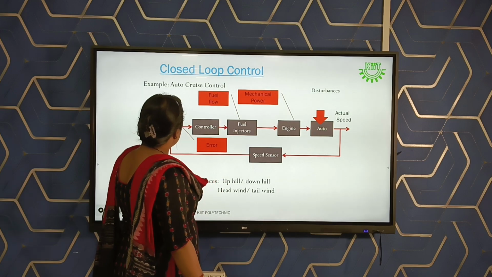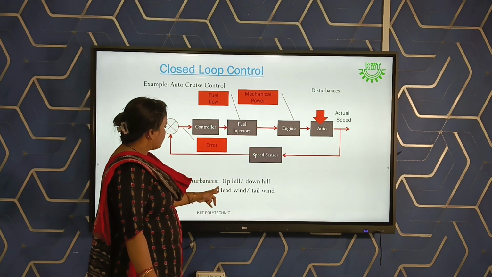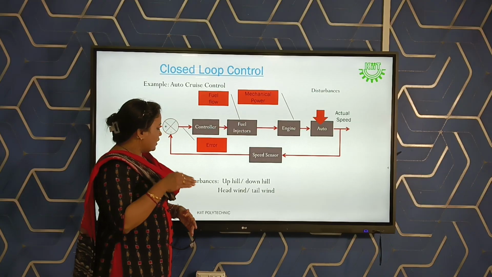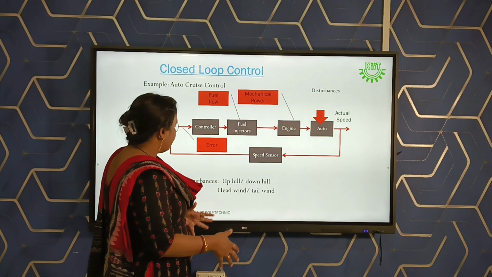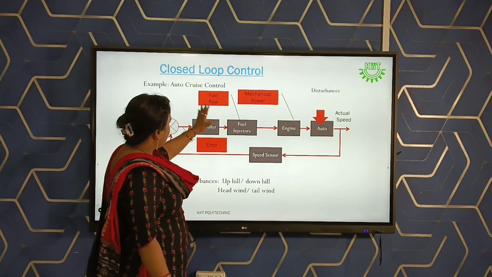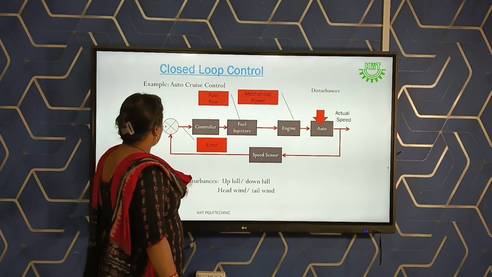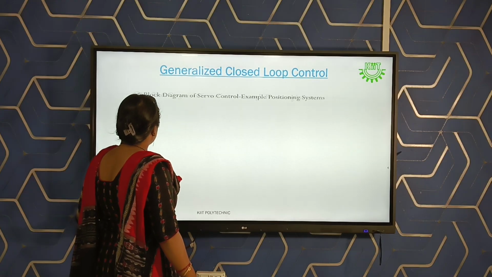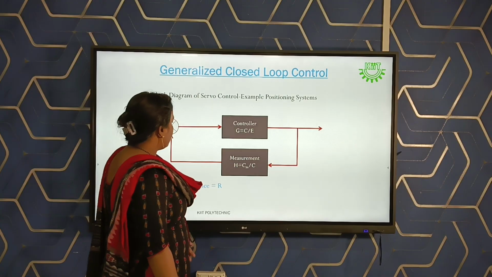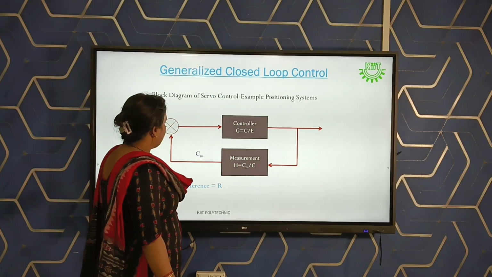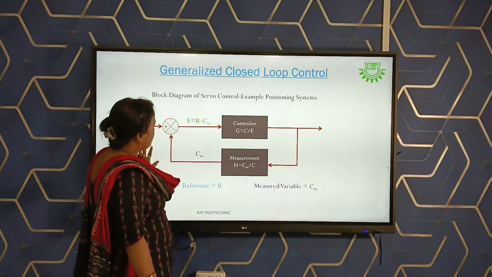We can also consider an automatic cruise control system, whether the vehicle is going downhill or uphill, or facing headwind or tailwind. That can also be controlled with the help of automatic cruise control systems. So the generalized block diagram for our closed loop control system will be, so here this is the reference point.